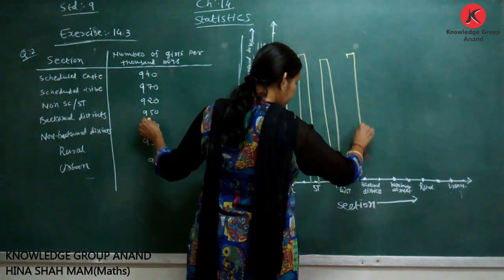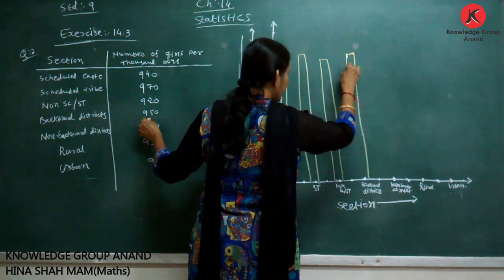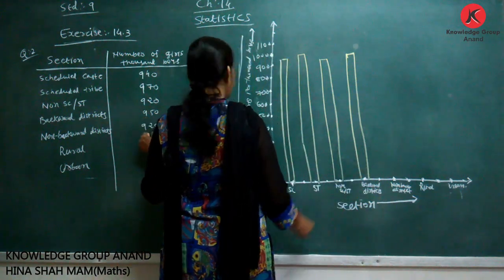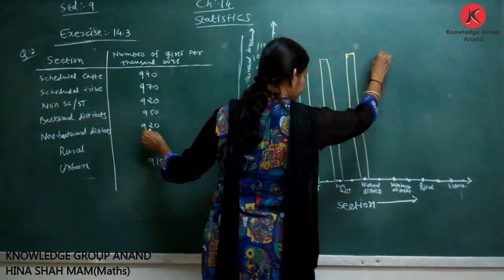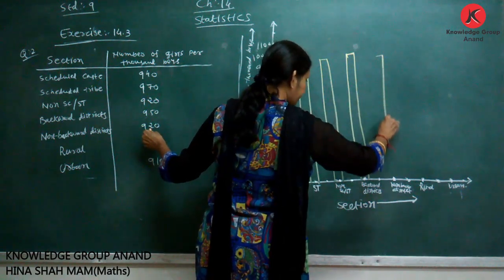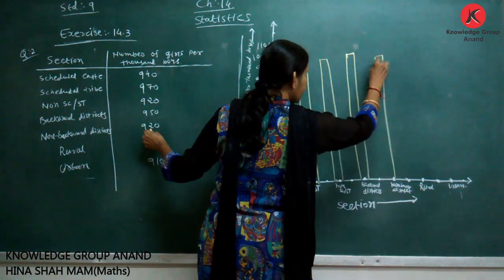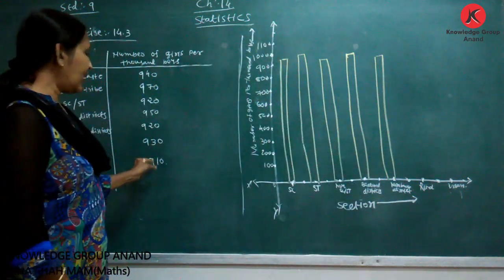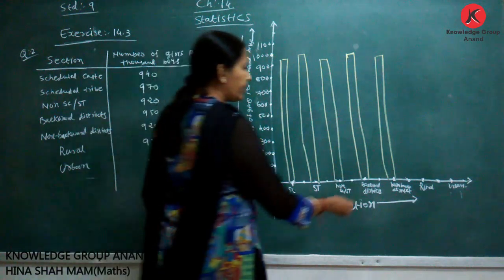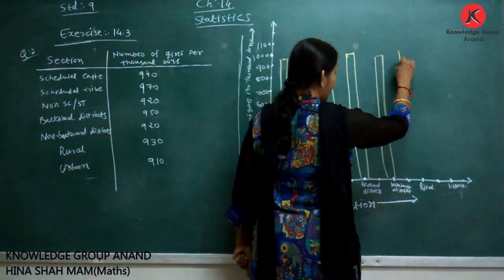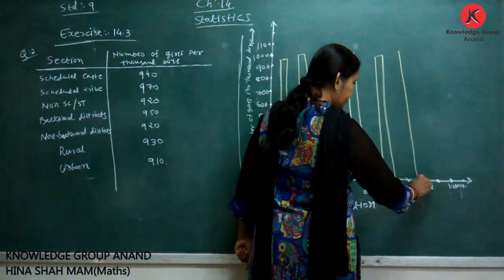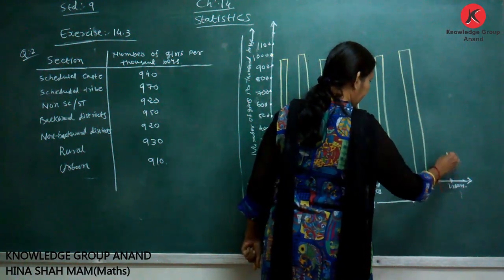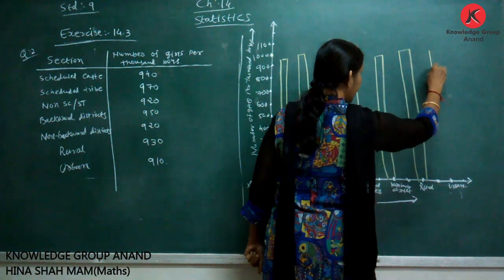You draw 950, 920, then draw 930 and 910, 930 and 900.